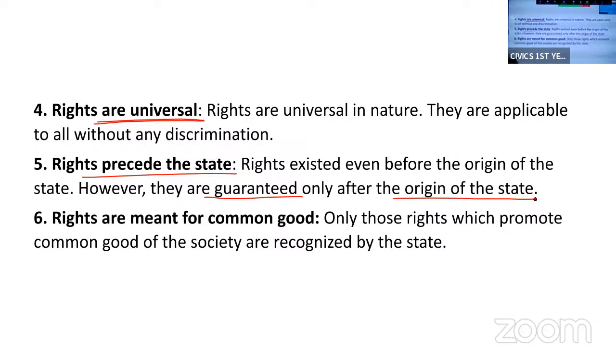So people had rights at that time, but they got recognized only after the origin of the state. So that's why we say rights precede the state. Precede means they existed even before the state was formed.